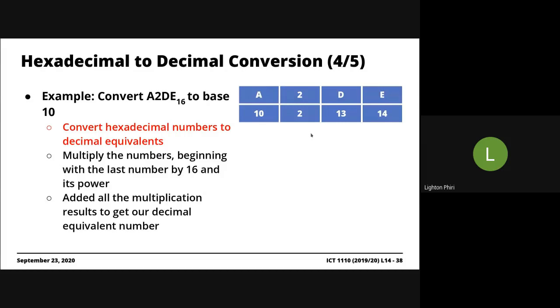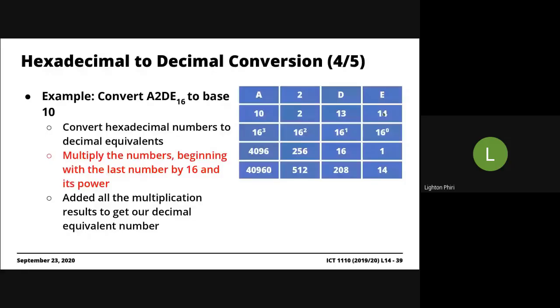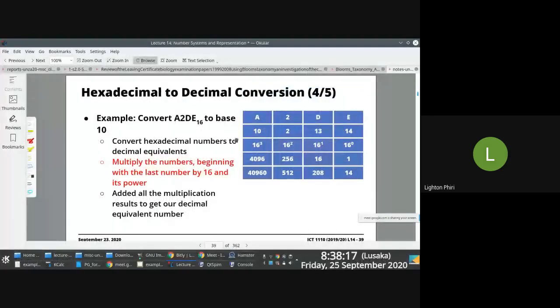So we say 14 times 16 to the power 0, 13 times 16 to the power 1, 2 times 16 to the power 2, 10 times 16 to the power 3. 16 to the power 0 is 1, 16 to the power 1 is 16, 16 to the power 2 is 256, 16 to the power 3 is 4096, and then you multiply these numbers. After you multiply these numbers, you add them up to get the result.